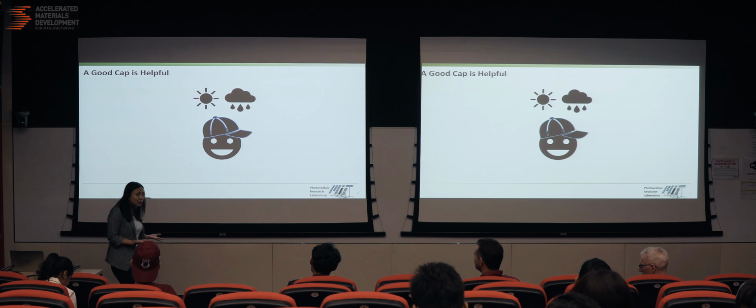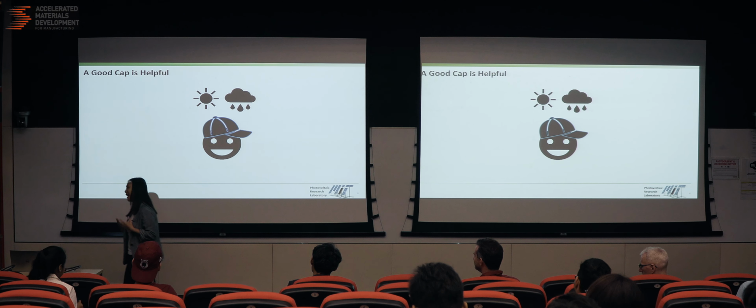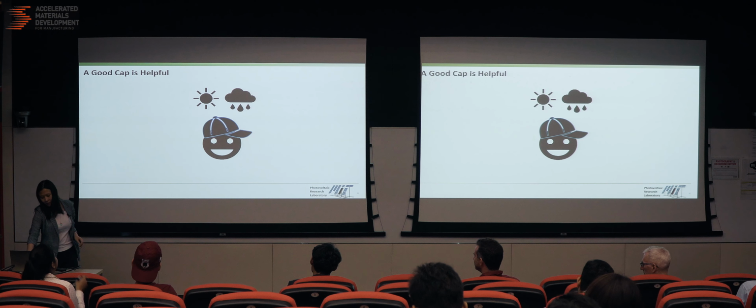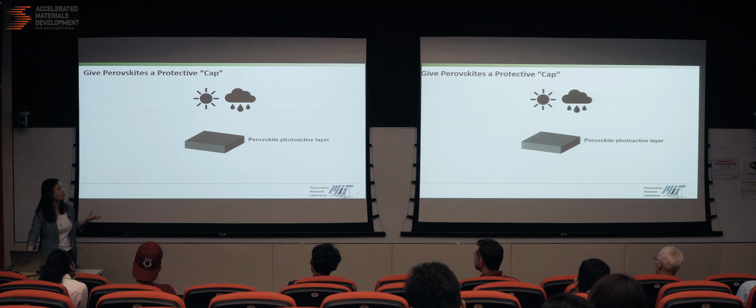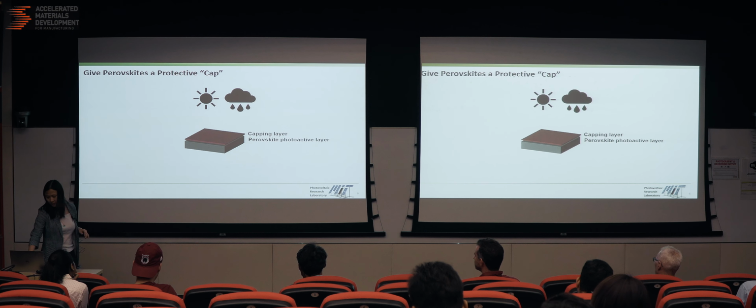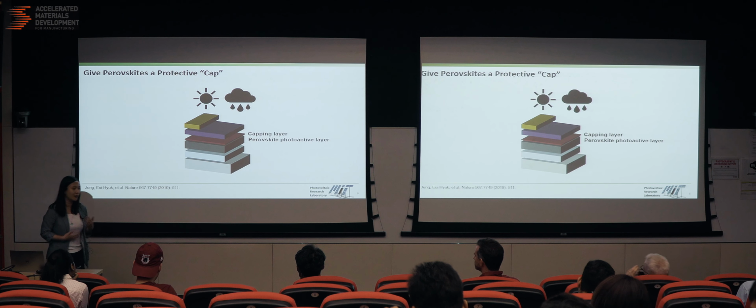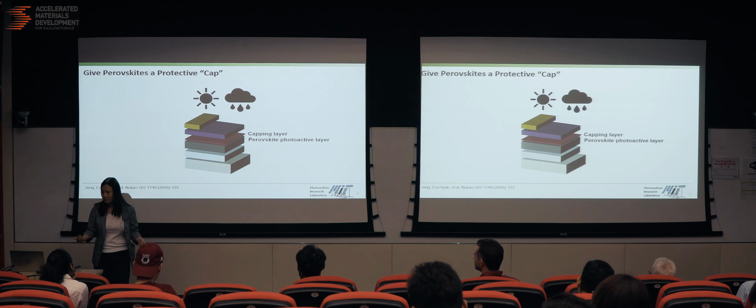It can protect you from the external influence. With that in mind, it's not hard to imagine that in a thin film solar cell device, the perovskite photoactive layer is also prone to degradation because of the sun and the water moisture. If we design a capping layer on top of it, it should help with the lifetime of your device.